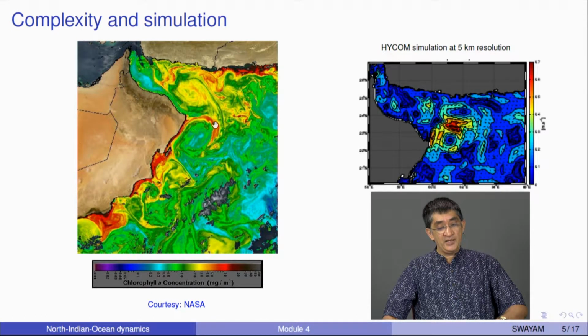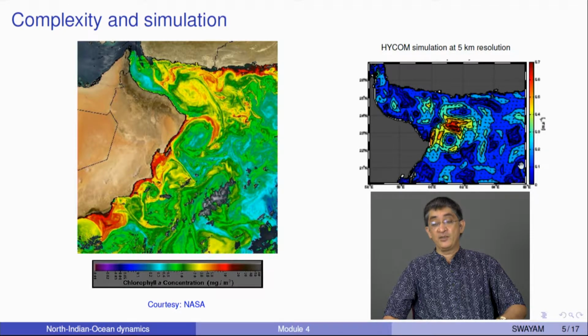And this nonlinearity is important because if you want to be able to simulate these chlorophyll filaments that you see in satellite data, there's no way you can do this with a linear model in which the chlorophyll would just drift offshore in a classical Ekman flow. That's not what you see in the observations, and you can simulate these filaments or squirts or jets seen off Oman using a nonlinear general circulation model run at a reasonably high resolution.